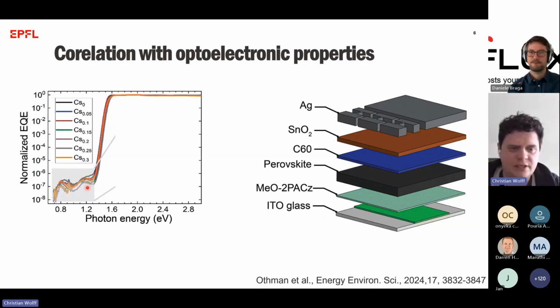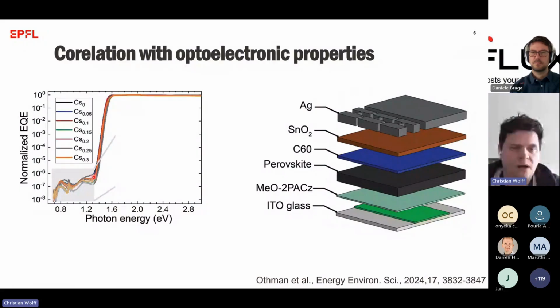And what you can see here is that you have these two bumps in the low energy range. And these are signatures of three things, if you wish, namely that A, there is absorption below the band gap, so there must be some sort of states, and B, they create charge carriers that then can also be extracted, because EQE measurements are current measurements. That means the current needs to leave the device in order to be detected.